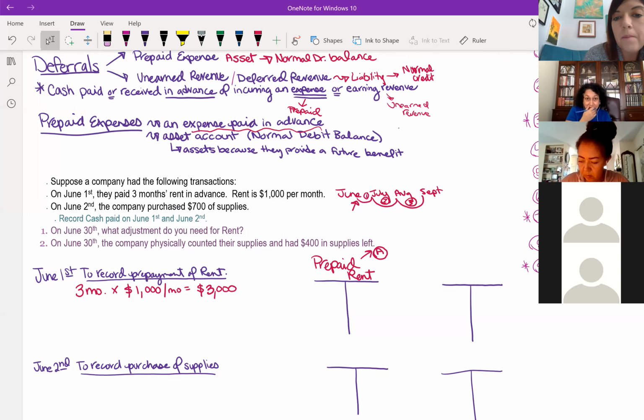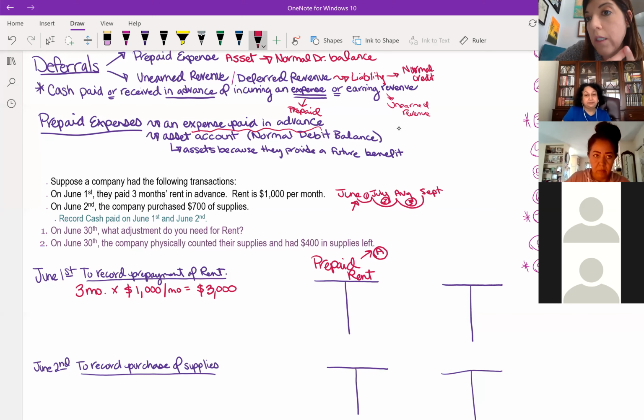Thank you. Okay, so prepaid rent is going to be impacted with this transaction on June 1st. What else is impacted by this transaction? Cash. We're paying the 3,000. Correct. We're paying out cash. So prepaid rent is going to increase or decrease? Increase. We now have that rent available for future use.